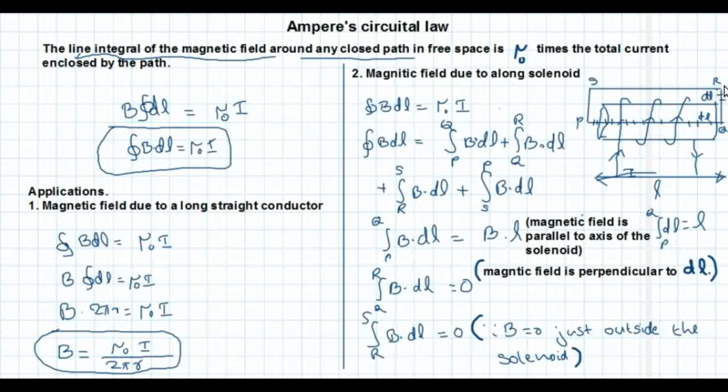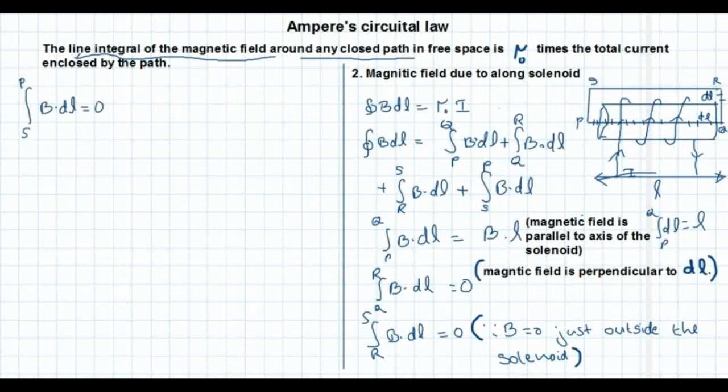Then we have the third section, that is integral B dl from R to S, which is again 0 because the magnetic field will be 0 just outside the solenoid. It is found that just outside the solenoid, the magnetic field B is 0. Since B is 0, the value of integral B dl from R to S will also be 0.